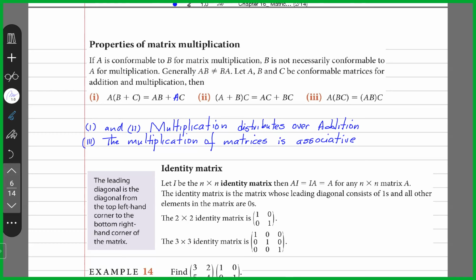So in other words, multiplication distributes over addition for matrices. (AB)C is equal to A(BC). So in other words, the multiplication of matrices is associative.